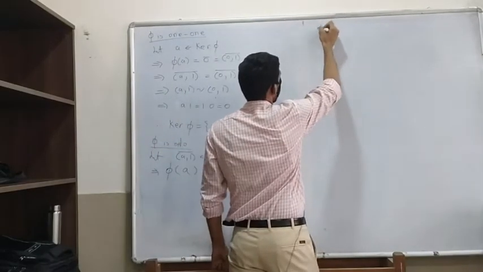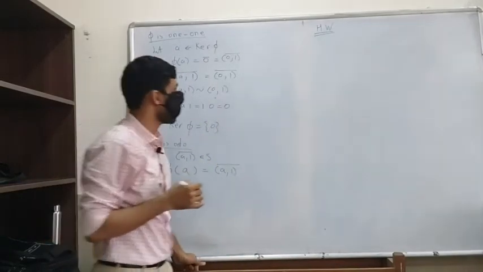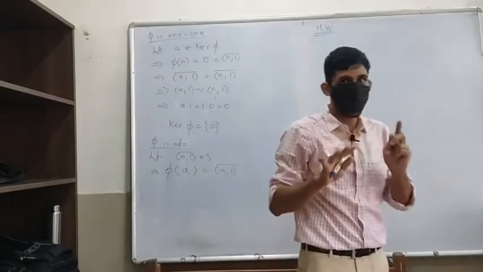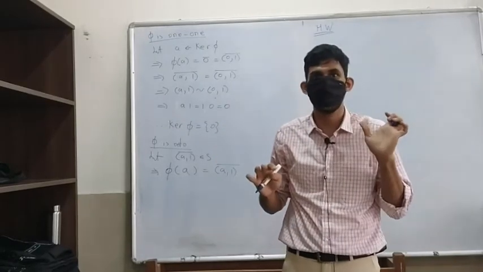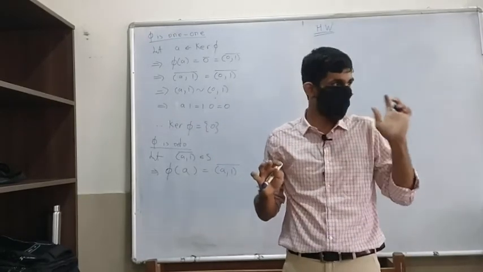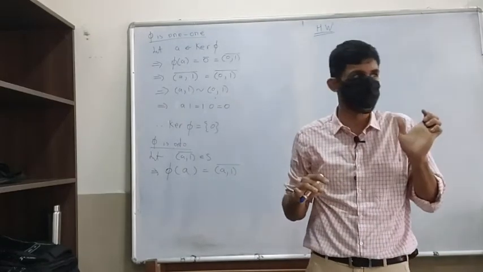A small homework is this. I want to say that the field of quotients is actually the smallest field that D sits inside.